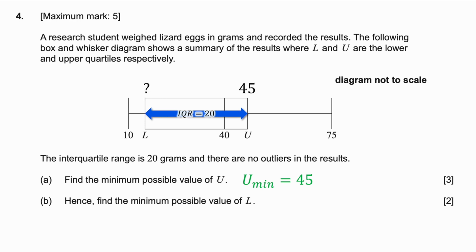And then we know the interquartile range is 20, so if 45 is the smallest value of the upper quartile, we take 20 off and we find the smallest value of the lower quartile. 45 minus 20 is 25. We found the lowest value for the upper quartile and the lowest value for the lower quartile as well. And we finished question 4.